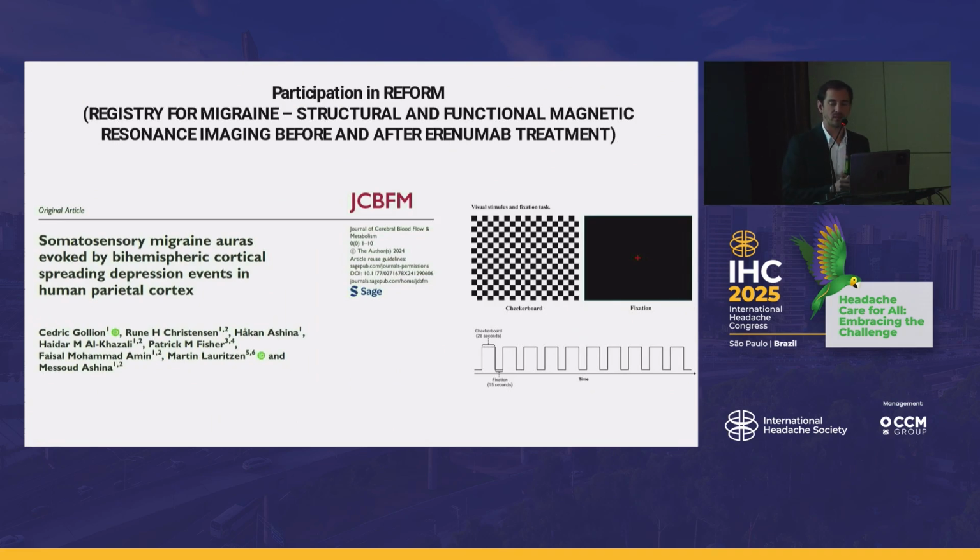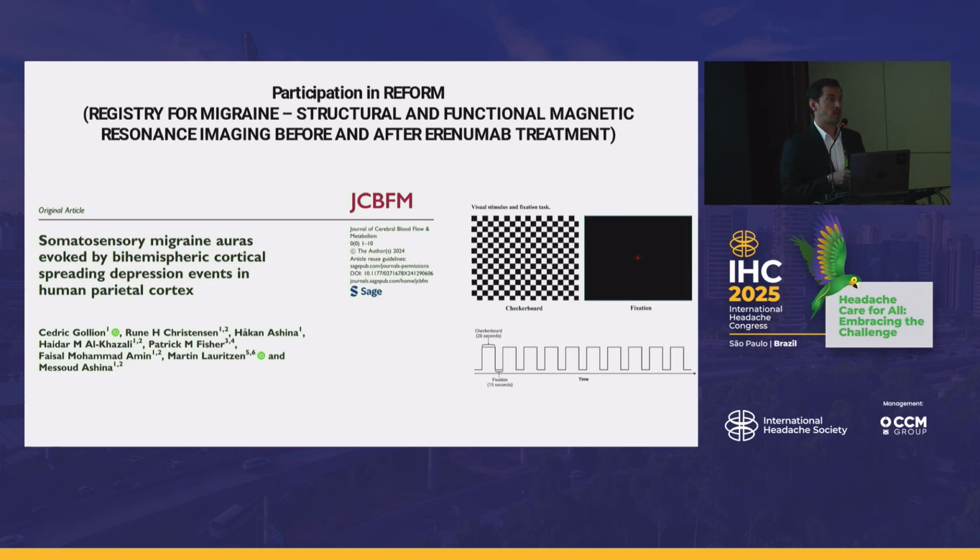The second part of the work accomplished at the Danish Headache Center was also functional MRI in patients scanned during the ictal phase, during the aura phase. It is quite rare to have patients scanned during the aura because of its unpredictable and short-lasting nature.